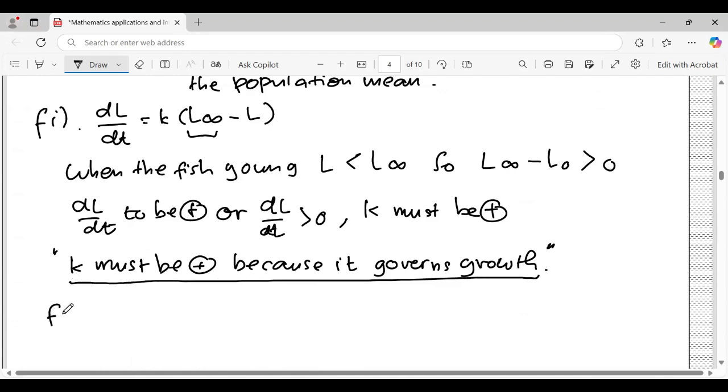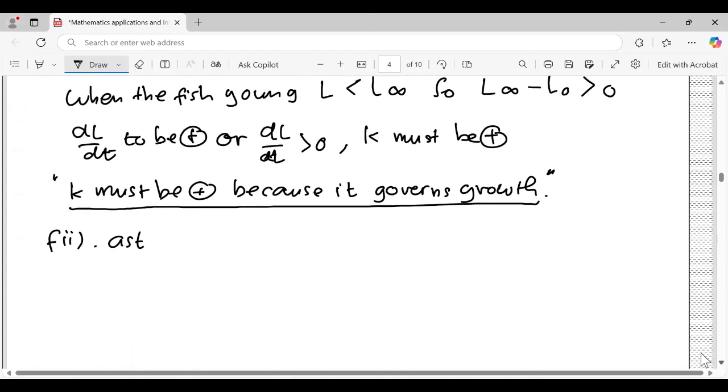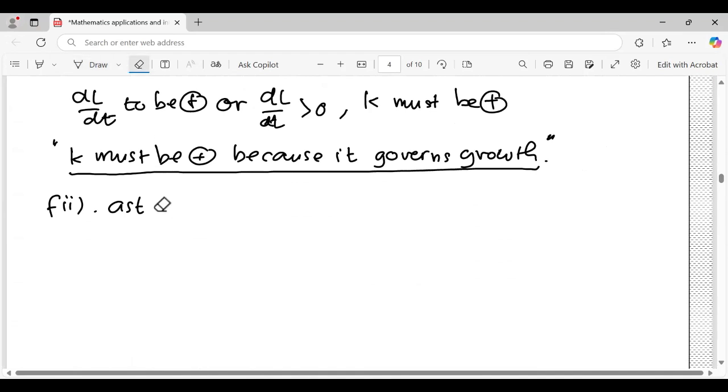Now F part 2. As t approaches infinity, the fish approaches its maximum size. So we can also write that L approaches L infinity.